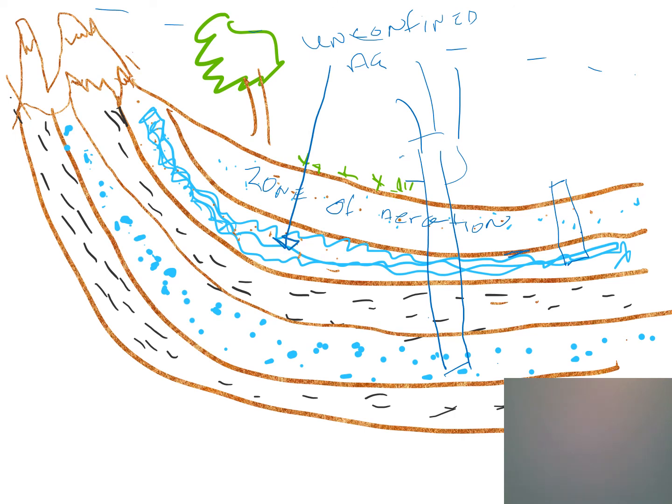And this one is our confined aquifer. And up here in these horrible mountains that I have drawn, this is a recharge area.